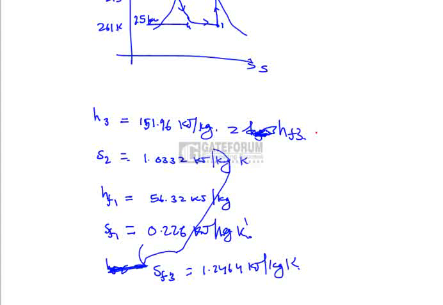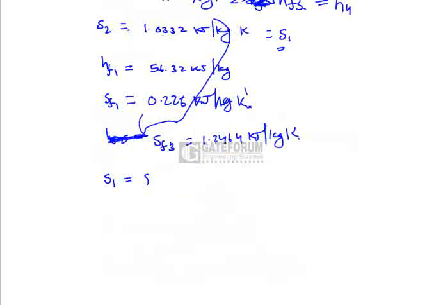Also we know that the process 3 to 4 is a constant enthalpy process, that is h3 is equal to h4, and 1 to 2 is a constant entropy process, that is s2 is equal to s1. From this s1 we can find the dryness fraction at point 1, that is s1 is equal to sf1 plus x into sfg at that point.